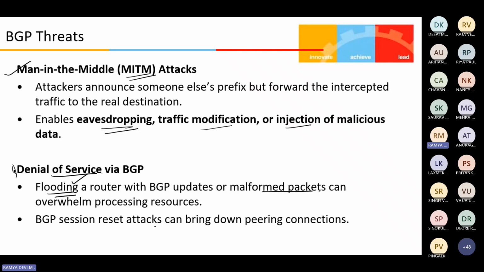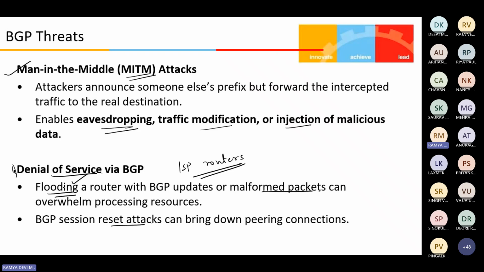It also forces BGP sessions to reset, which terminates peer connections and disrupts routing. Routing stability suffers, connectivity is lost, and outages can spread quickly across multiple networks. Large-scale DoS attacks target ISP routers, leading to widespread internet disruptions.